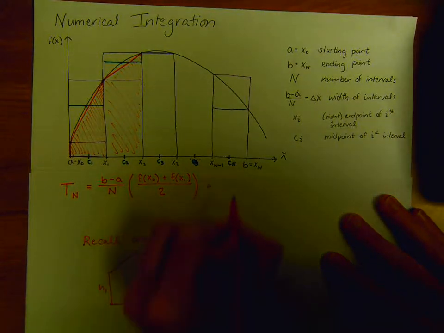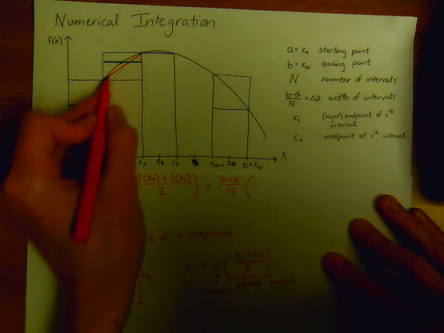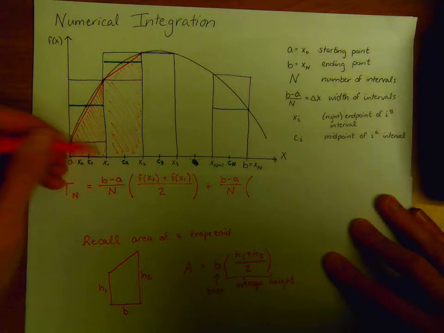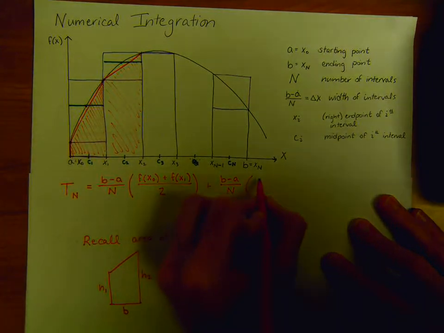So this is the area of the first trapezoid. This is the base, this is one height plus the other height, and they're averaged together. The next trapezoid is going to be really similar. It's going to be b minus a over n times, what is the average height for this second trapezoid? Well, it's going to be f of x1 plus f of x2 divided by 2.